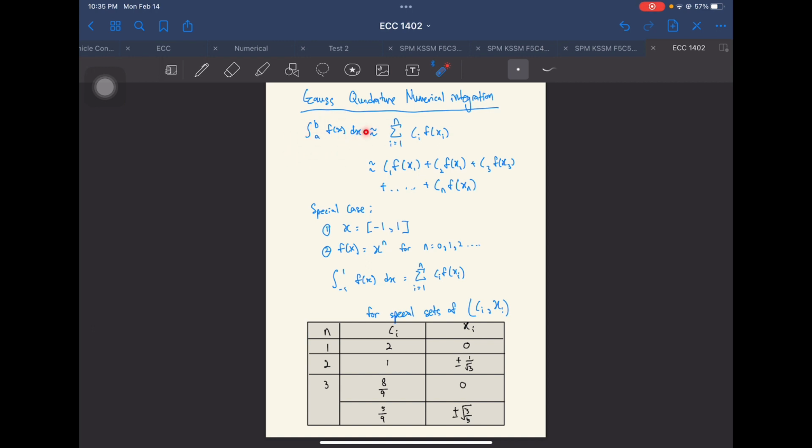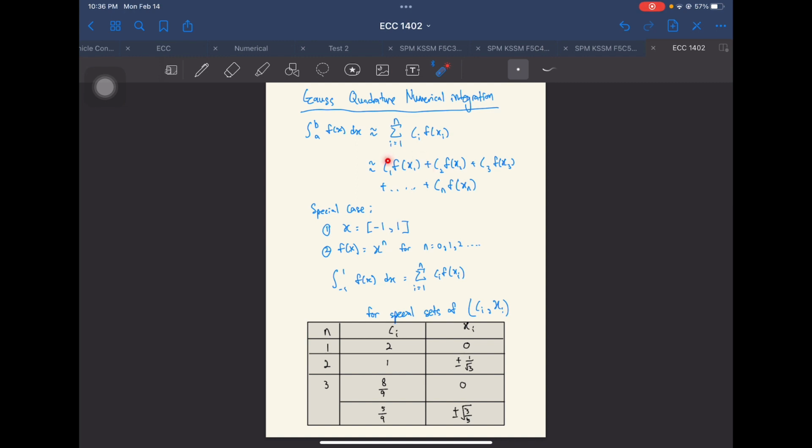So this is approximately equal to the sum of ci times f(xi), where ci and xi are a sequence given by this set of ci and xi, and this whole thing is approximately the sum of multiplication of ci times f(xi).